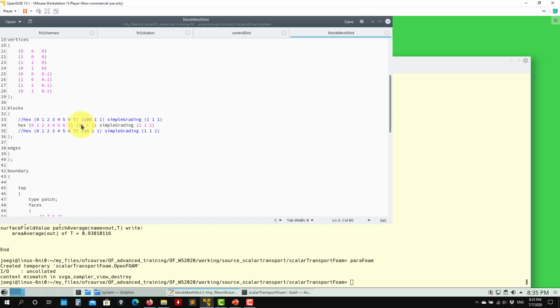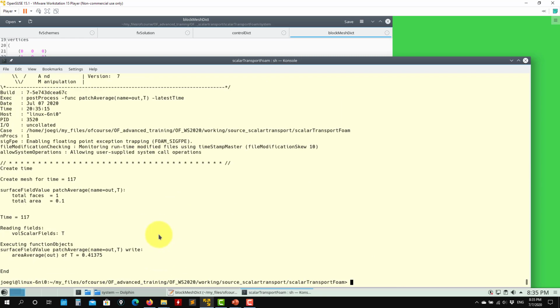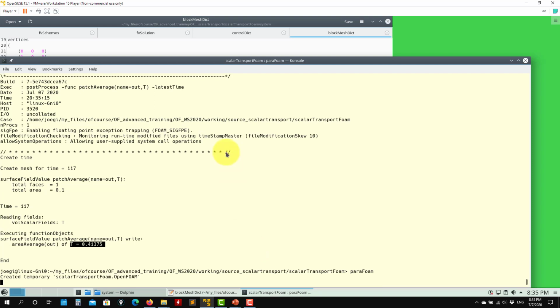So let me go and put here 200. Okay, so see that a larger mesh, but we are not getting an improvement in the solution. So let's see what is going on here.